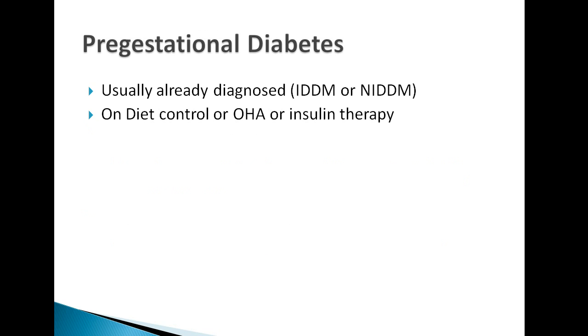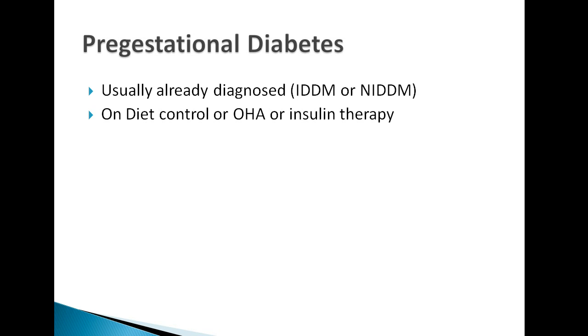So there are two types that we are going to discuss here, which are pregestational diabetes and gestational diabetes. So pregestational diabetes means that you have already been diagnosed with diabetes before the pregnancy.